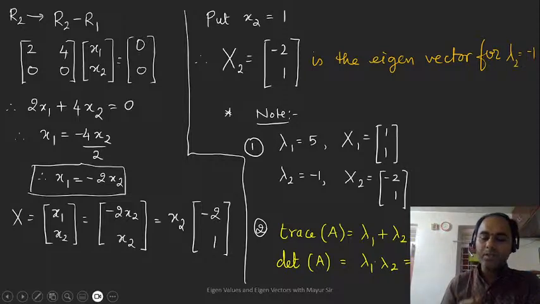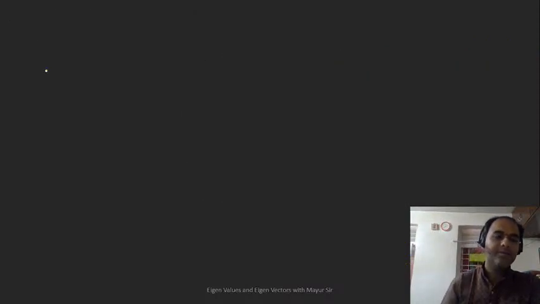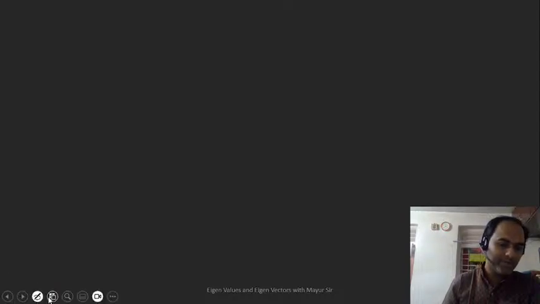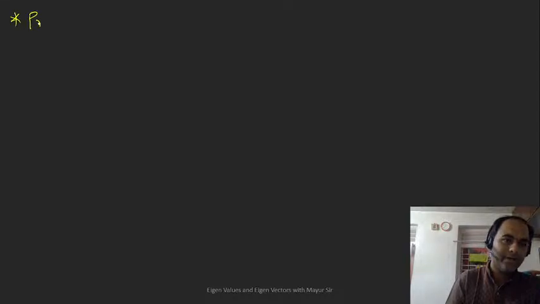Now let me take you to a concept which leads you to a generalization or much further detail. We will see here. Let us first write the same formulas in detail. I'll give you these two most important properties, you can write them down. These are the properties of eigenvalues, as we just saw.